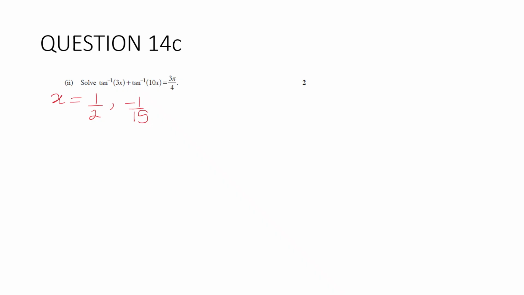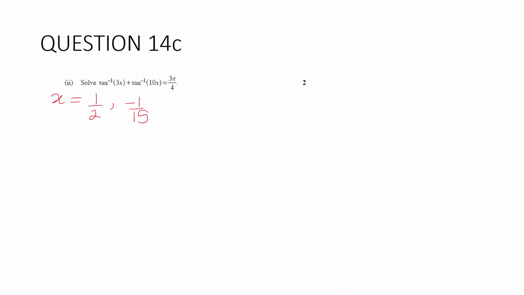So starting with a half and substituting in, I've got inverse tan of 3 times a half plus inverse tan of 10 times a half, and that is equal to 2.356.